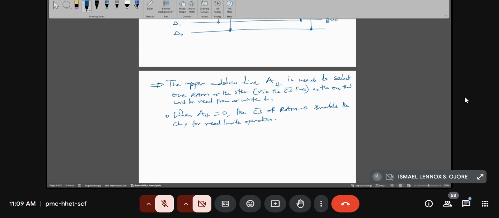Once that is done, any address location in RAM 0 can be accessed by A3 to A0.